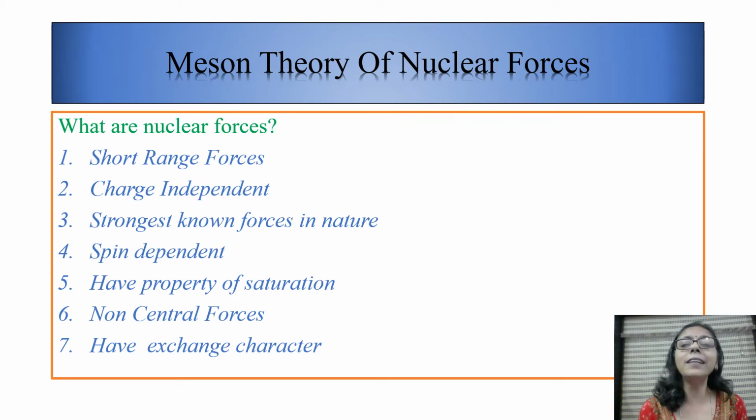And surprisingly, it has been proved that the magnitude of proton-neutron, neutron-neutron and proton-proton forces has always been found to be the same. Moreover, the binding energy of a particular nucleus also does not depend upon the number of protons and neutrons in the nucleus, but only depends upon the total number of nucleons in that particular nucleus.